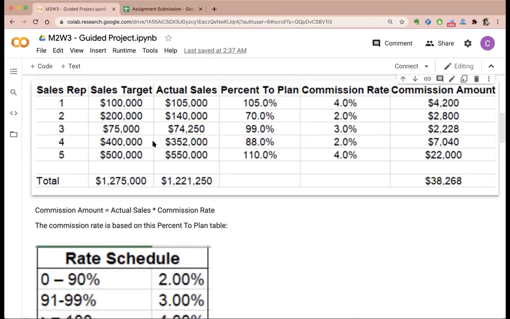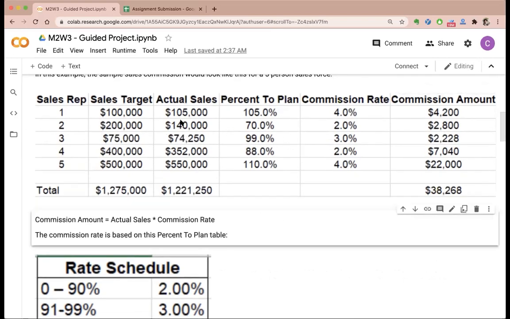I will not directly take random values of actual sales, but what I will take is this sales target, which is expected to remain constant throughout the years. The sales target in some sense is expected to remain constant, so this distribution is expected to remain constant throughout the years, and not this part.